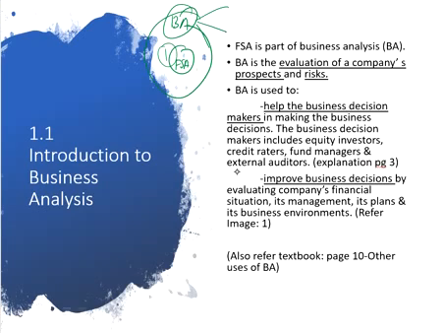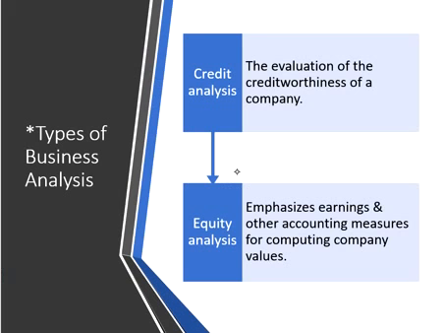So now we're going to take a look at the types of business analysis. There are two types of business analysis, which are credit analysis and equity analysis. Okay. Kalau kita cakap pasal credit, akan ingat creditor. Am I right?